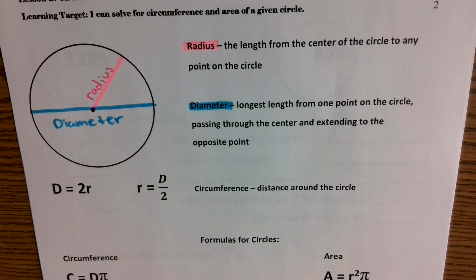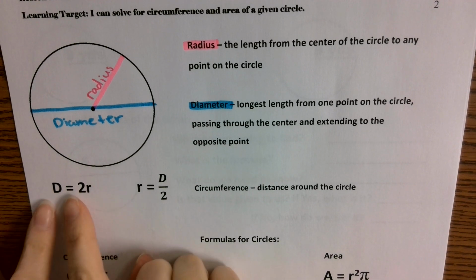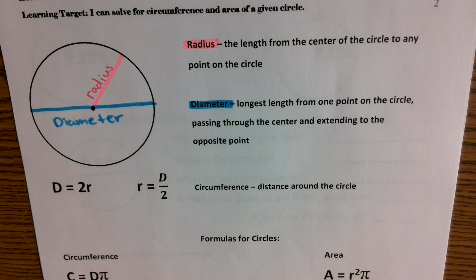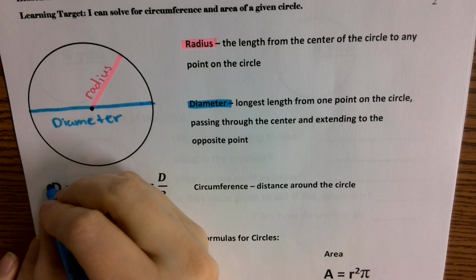Now, an easy way to remember which one is which, diameter is a longer word than radius. So diameter is your longer measurement, radius is your shorter measurement. Okay? It's also important to understand that the diameter can be found by taking the radius and multiplying it by 2.